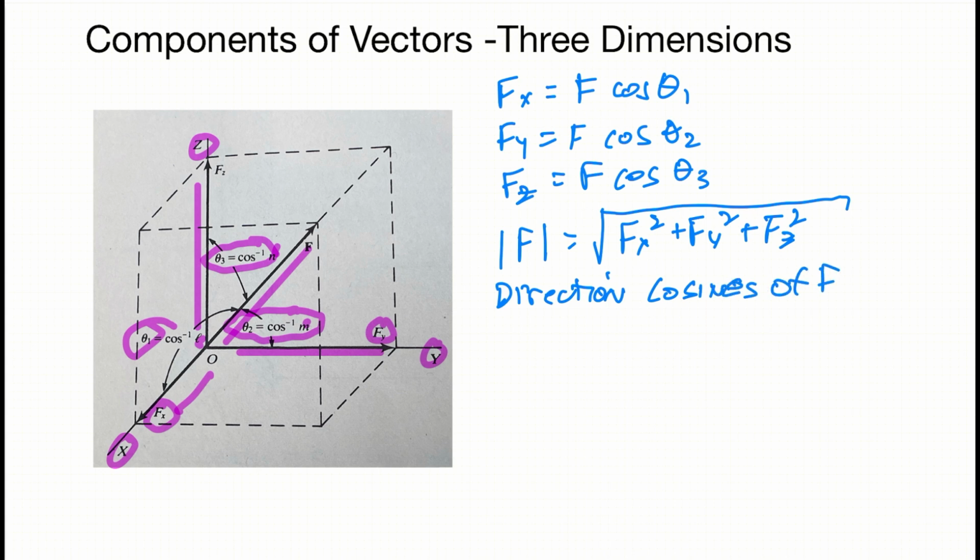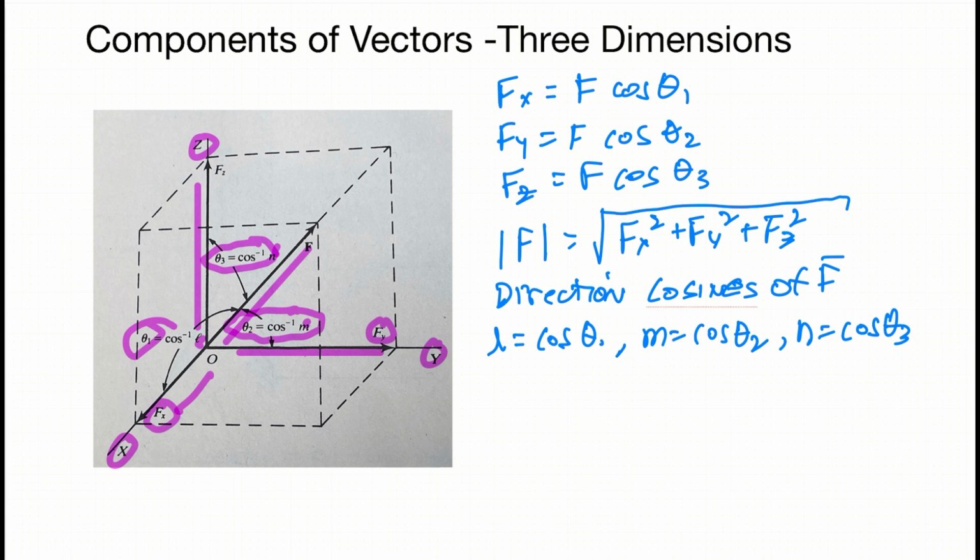And you'll see them used in different example problems or in different texts. Some people use them, some people don't, but we're going to make sure you understand what they are. So l is equal to the cosine of theta 1. M is equal to the cosine of theta 2. And n is equal to the cosine of theta 3.